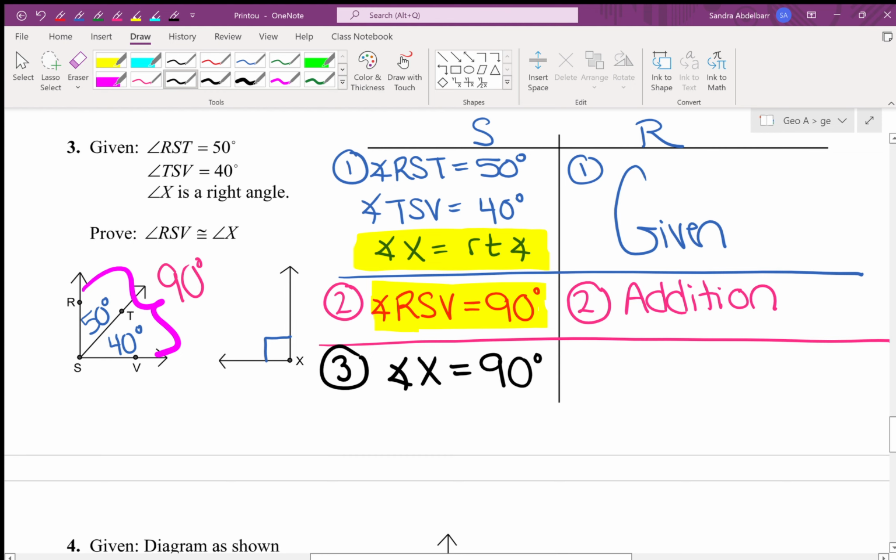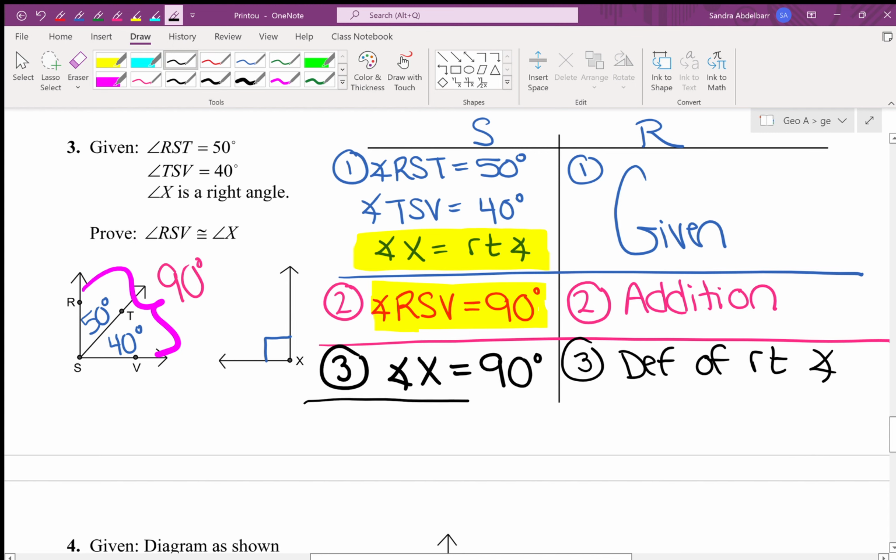What we can do as our reason, since it's a definition, we can say definition of, so def of right angle. Def of right angle. So anything that's a definition, we are allowed to write in our proof, def of whatever the definition is.